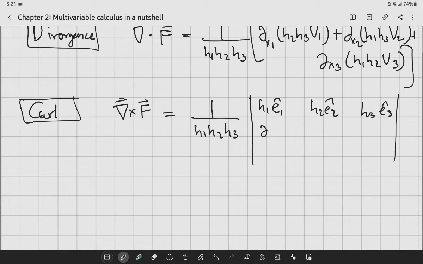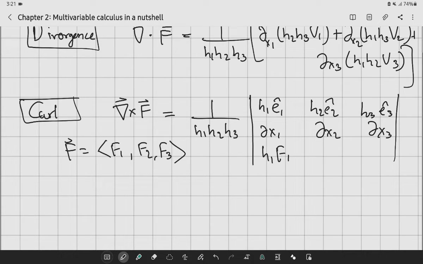And then I have partial x1, partial x2, partial x3. Partial x1 means I'm taking the partial derivative with respect to x1. This is the notation because it saves me time. Okay, then I have h1 f1. And again, f is something like f1, f2, f3 in some coordinate system, not Cartesian. And I have h2 f2, I have h3 f3. Okay, so this is the curl.